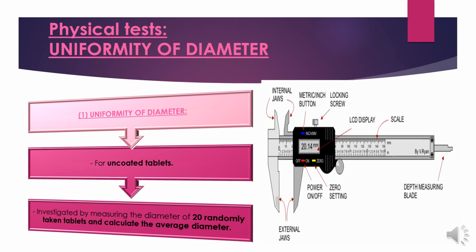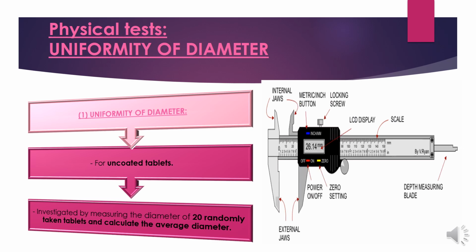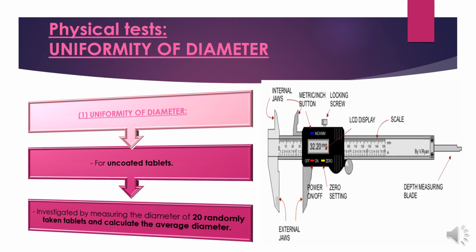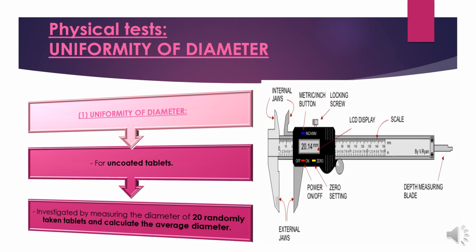Now, in the picture, you can see a vernier caliper with a digital meter, which is automatically calculating the diameter of the tablet placed in between its external jaws.